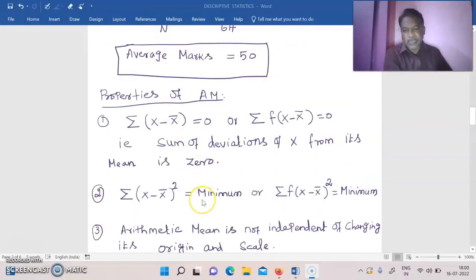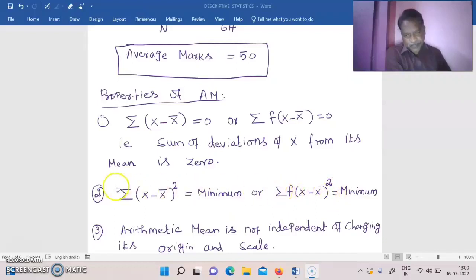There are three major properties. One is sum of (x minus x bar) equal to 0. That means the sum of the deviations of the data from its arithmetic mean is always 0. Another property is summation (x minus x bar) whole square equal to minimum, or summation f into (x minus x bar) whole square equal to minimum.